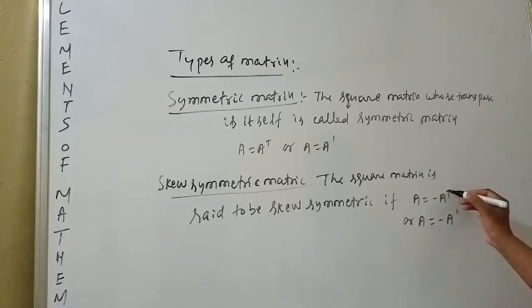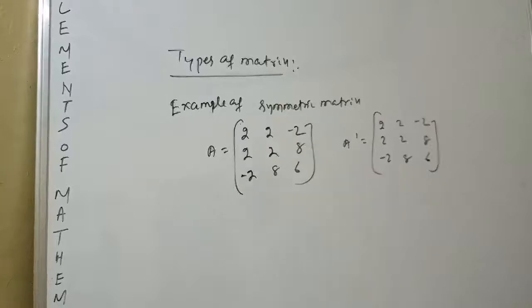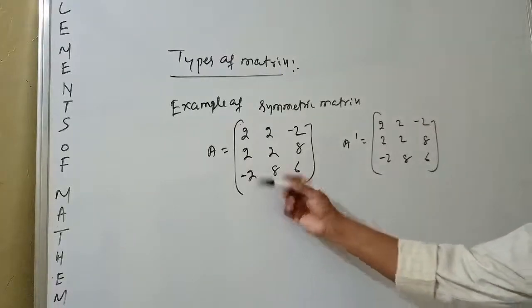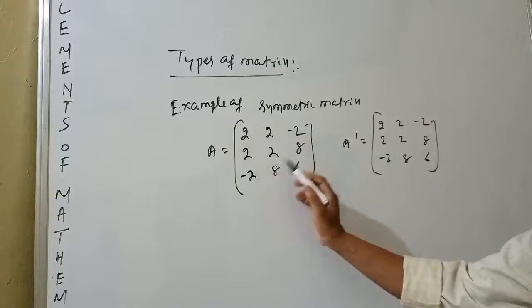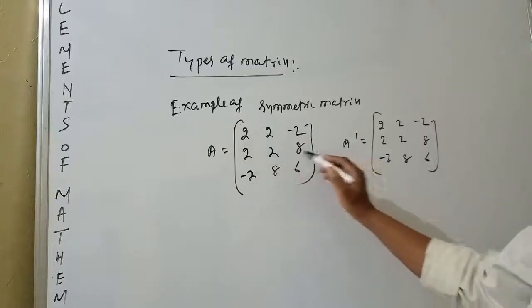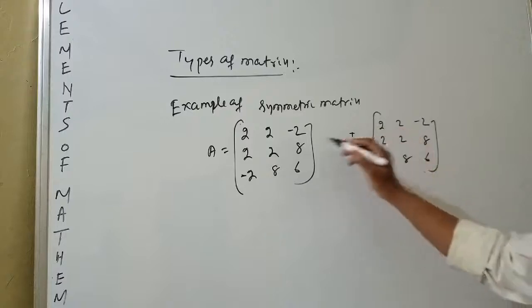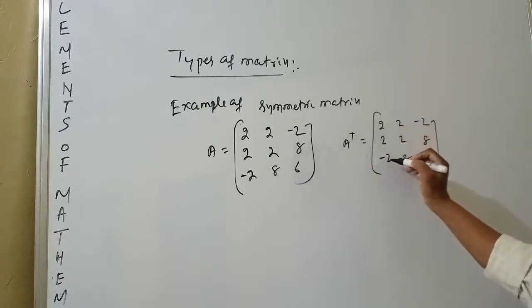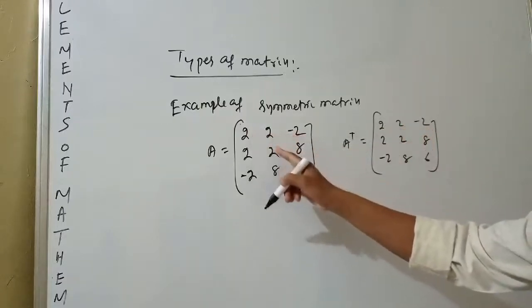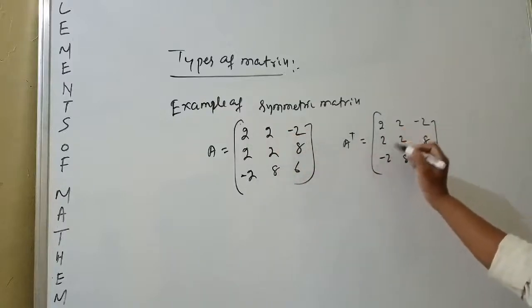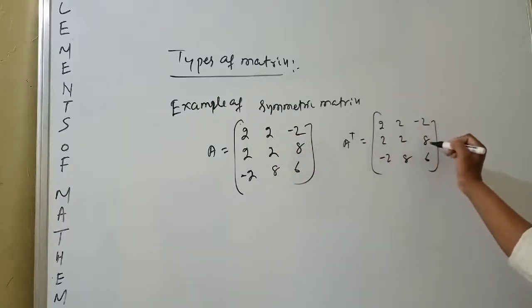This is the example of a symmetric matrix: 2 2 minus 2, 2 2 8, minus 2 8 6. If you find A dash or A transpose, you get the same thing, since rows become columns and columns become rows.